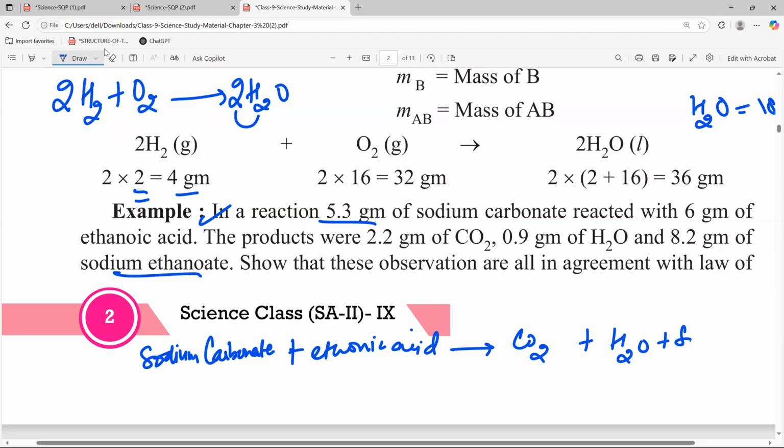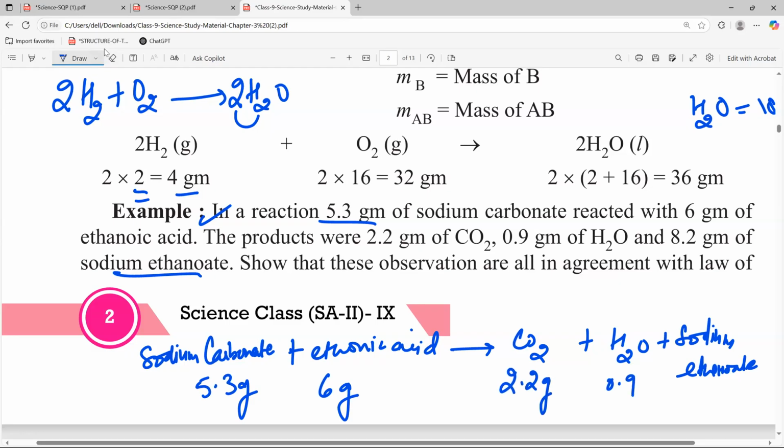So 5.3 grams of sodium carbonate treated with 6 grams of ethanoic acid will give you 2.2 grams of this one, 0.9 gram of this one, and 8.2 grams of this one.